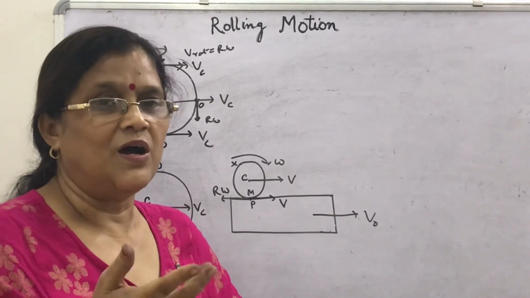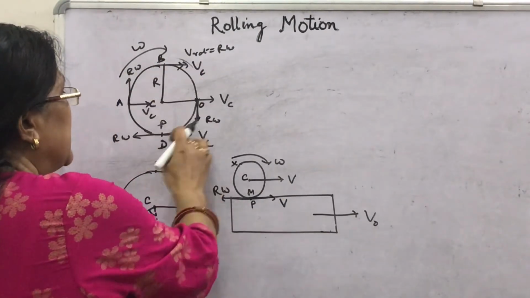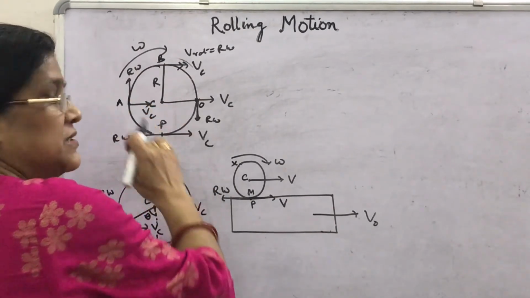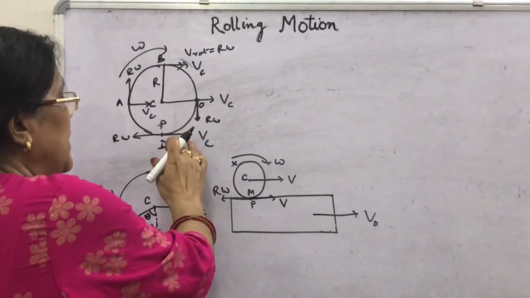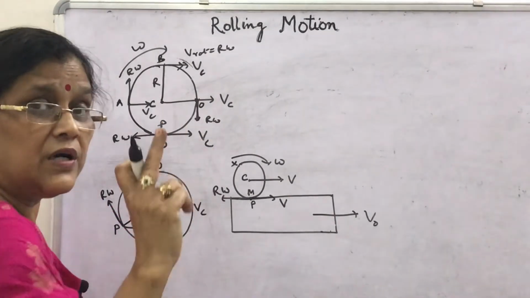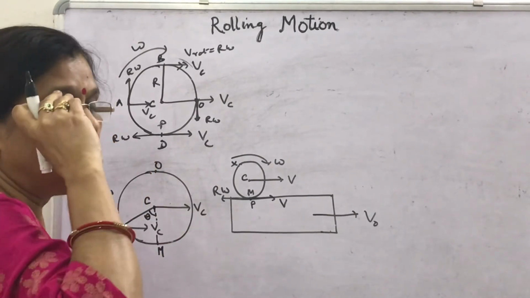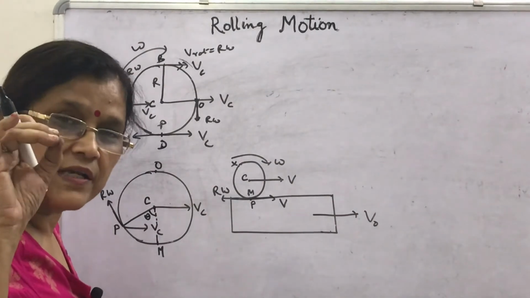Let us see how it happens. We have seen the velocity at points A, B, C, D in rolling motion. In case of pure rolling, what is the condition? At the lowermost point, the point of contact remains at rest.